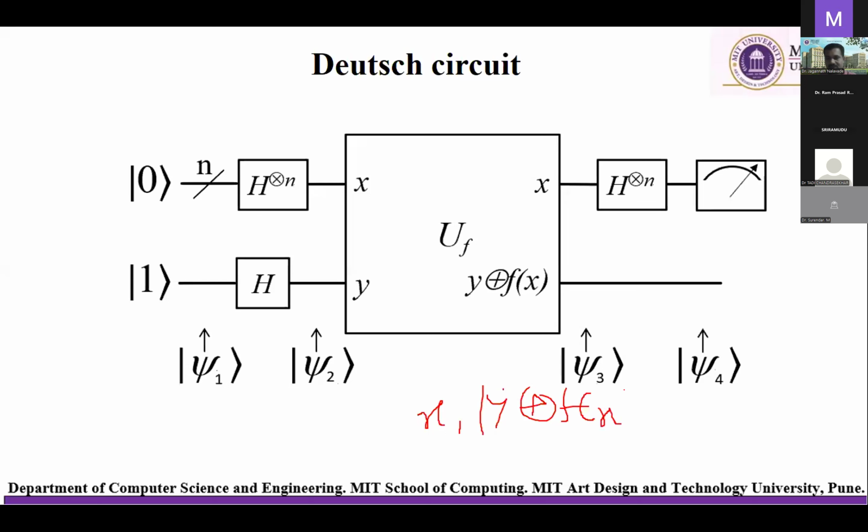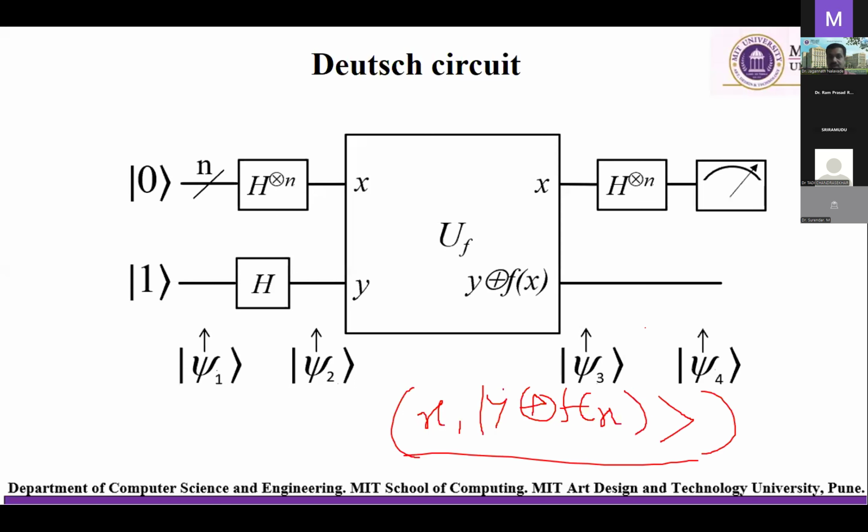So this is the outcome from the Uf function. When the Uf function is given, you will always get the output in the form of this notation.